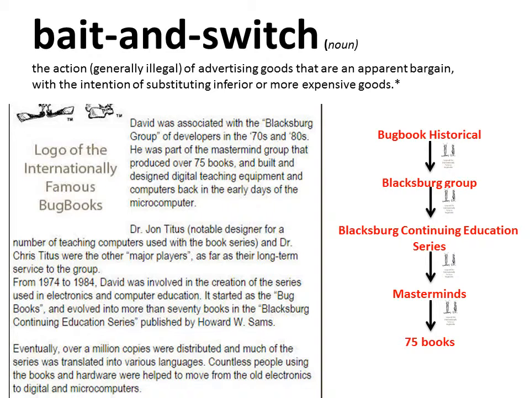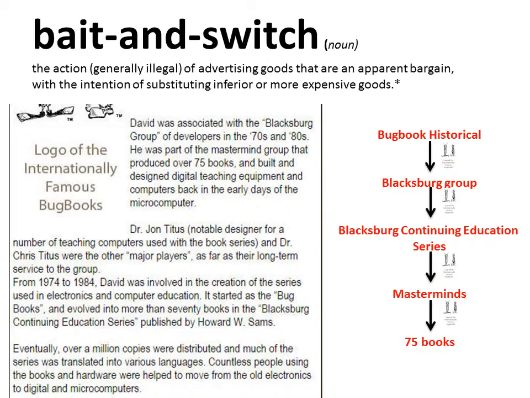So basically what Larsen does, especially with his museum and his companion internet files, is advertise a bricks and mortar museum that has a point of view: Bugbook Historical Computer Museum. That's at the top. And the message is, y'all come, I'm going to talk about Bugbook history. Well, that's not really what he's talking about.